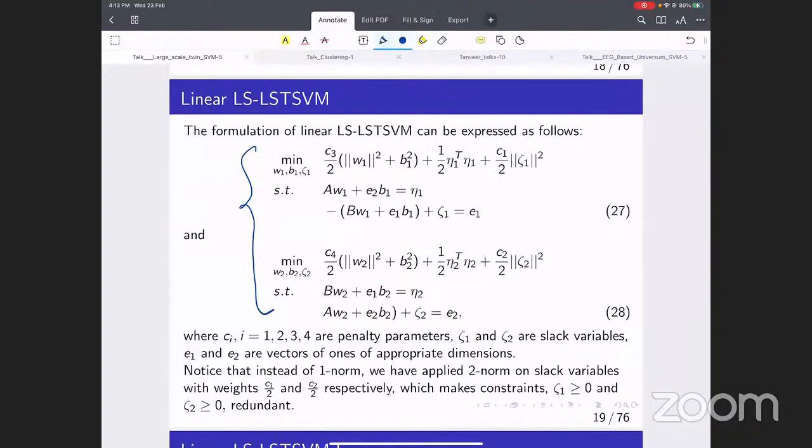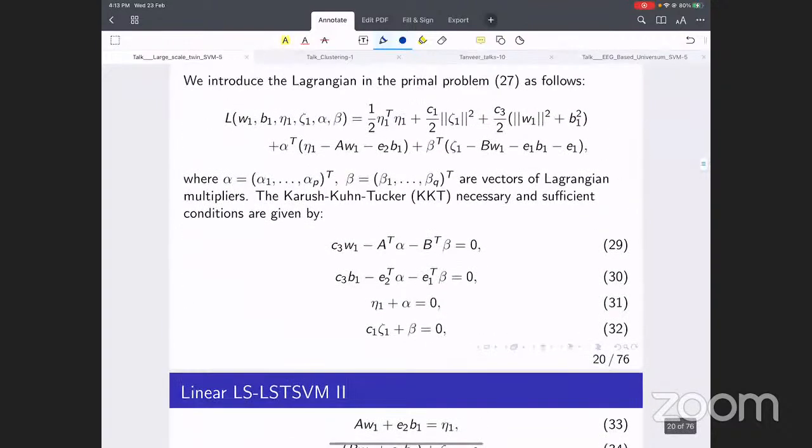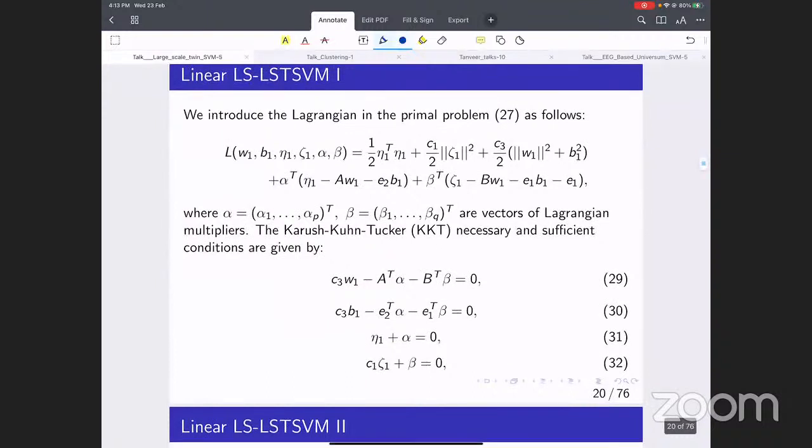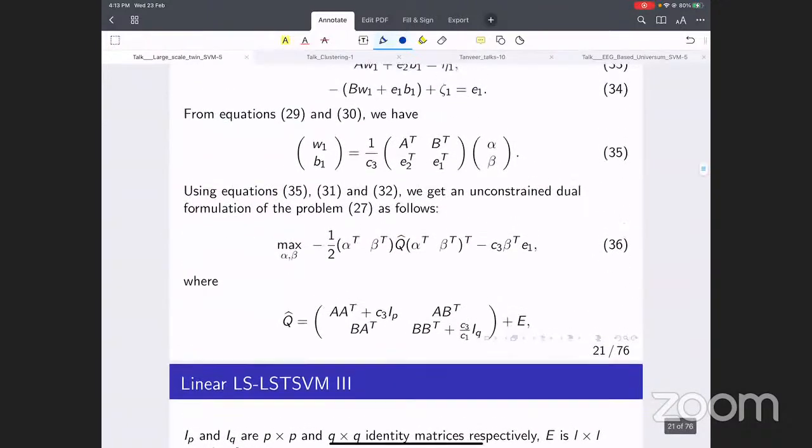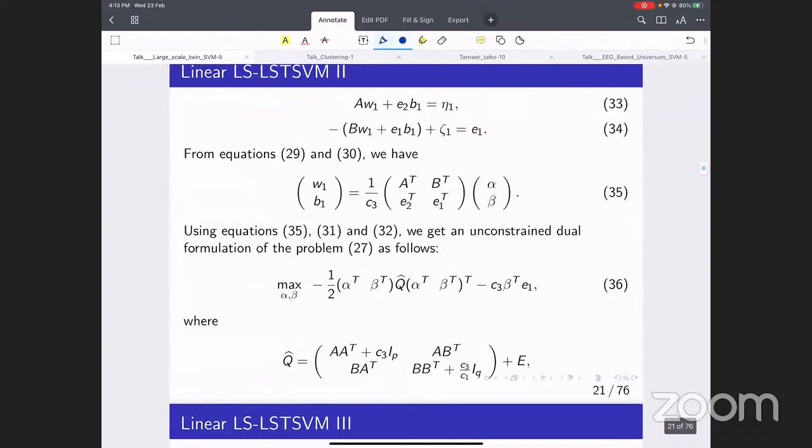When we solve this problem L and take the partial order derivative with respect to W1, B1, eta1, zeta1, alpha, beta, we finally get W1, B1, and this Q cap. You can see that invertibility issues are removed. So we are able to handle the invertibility issues in this formulation.